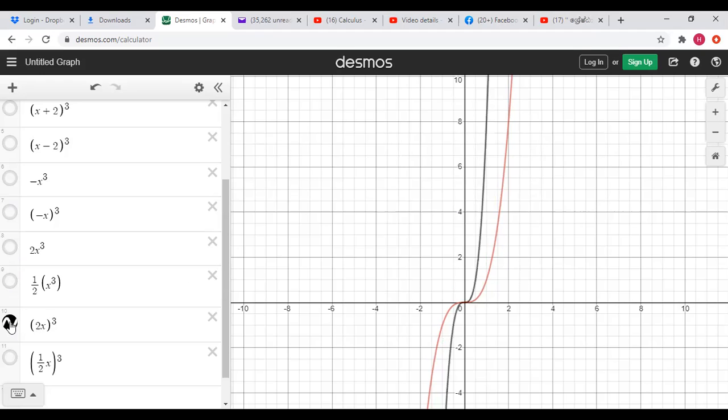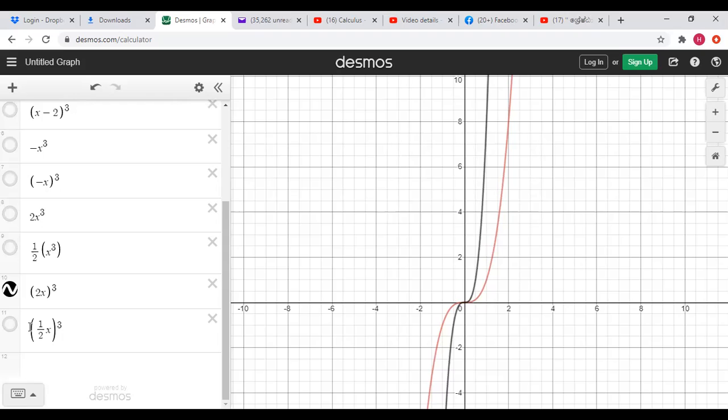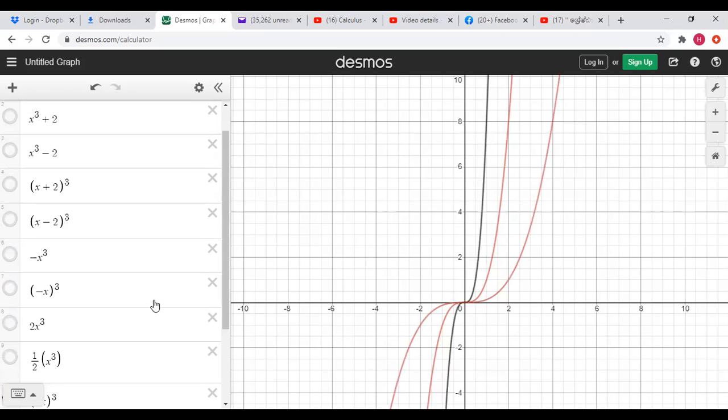It's a horizontal shrink, and if you substitute x with a fraction times x, in this case I use half x, it is a horizontal stretch. It's stretched horizontally, right? So these are the basic transformations you got to know, right?